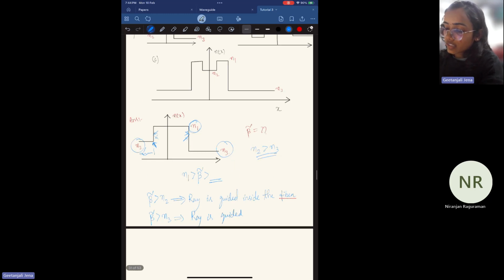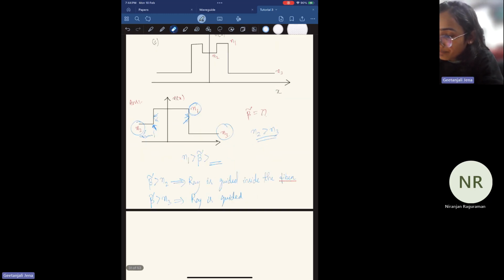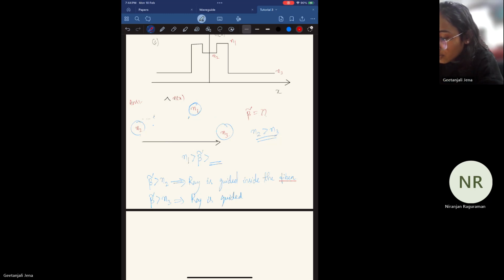So what I mean to say is there are three regions. If you take a value between N1 and N3, like this region, the ray will be guided inside the core and it will be reflected at the N2 interface, also at the N3 interface.